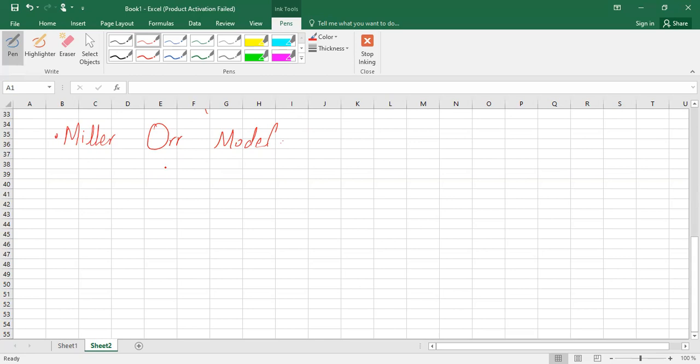In inventory, we have maximum reorder level, minimum reorder level, and average reorder level. The Miller-Orr model also says that there is a maximum cash level, there is a return point, and the third one is the minimum cash level.